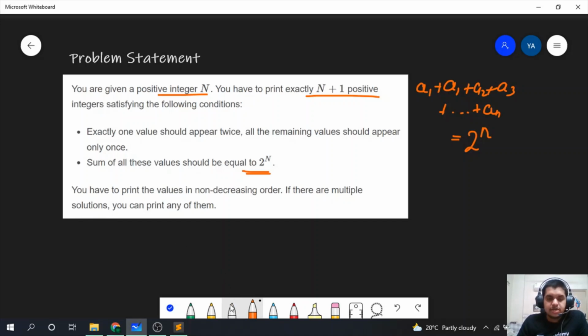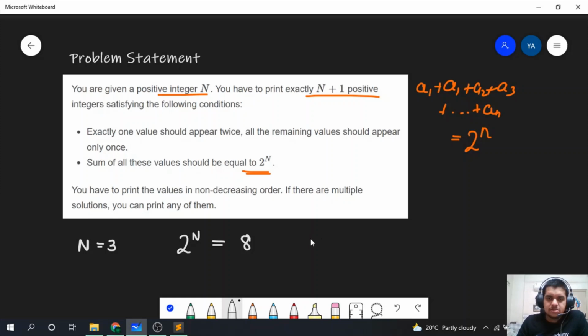Let's take an example quickly. Maybe n is equal to 3. What is 2 to the power n over here? It is the sum that we want to achieve, right? So 2 to the power n is 8. Can you think of 4 such values? We have to print n plus 1 values, and since n is equal to 3, we have to print 4 values.